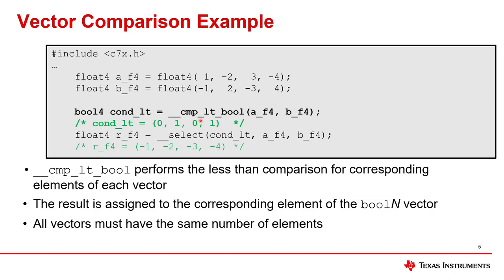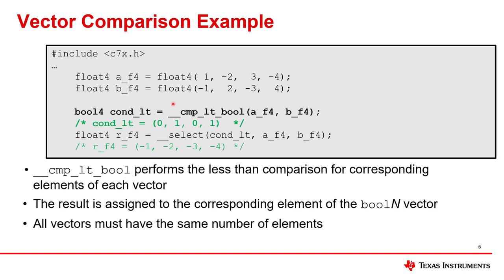The intrinsic CMP LT bool performs the less than comparison for corresponding elements of each vector, and the result of that particular comparison is assigned to the corresponding element of this bool vector. All these vectors have to have the same length, the same number of elements. That's why you have the 4 here, the 4 there, the 4 there.